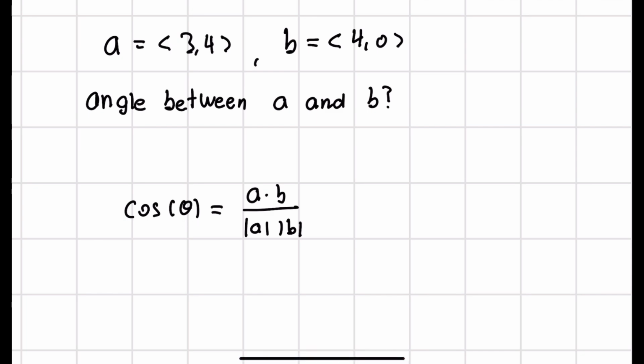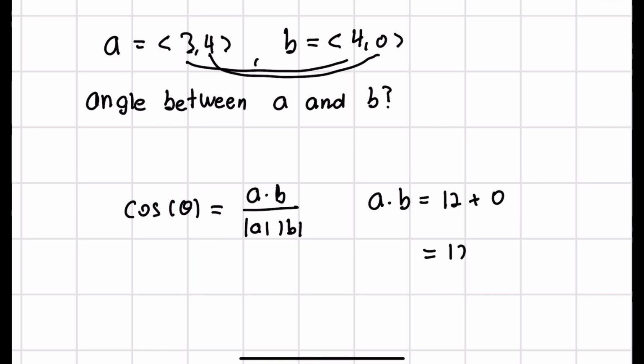Well, the first step, let's calculate the dot product of A and B. So the dot product of vectors A and B is simply 3 times 4, which is 12, plus 4 times 0, which is 0. So we know the dot product is equal to 12.